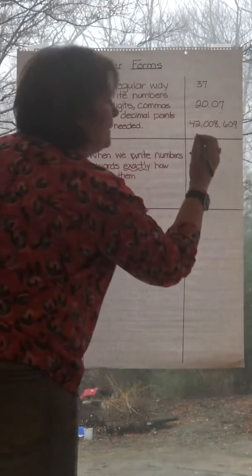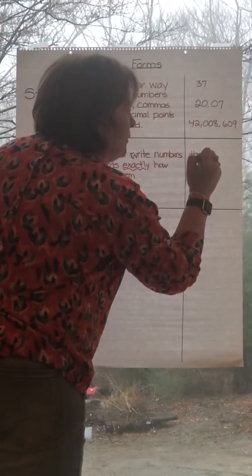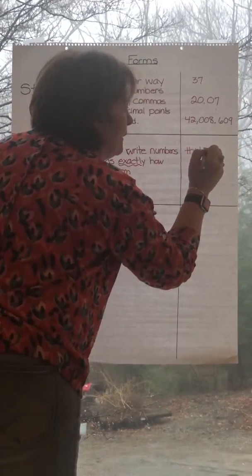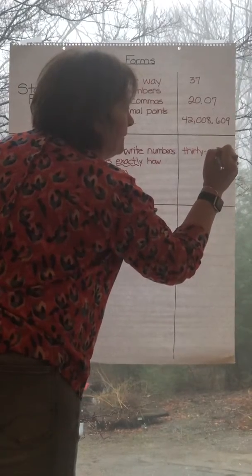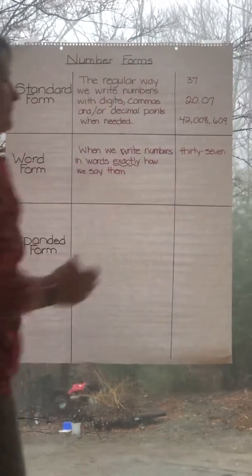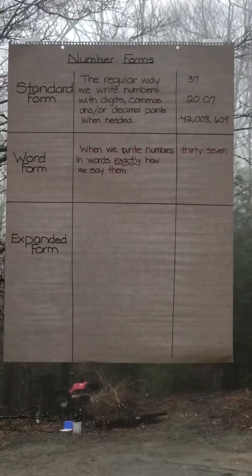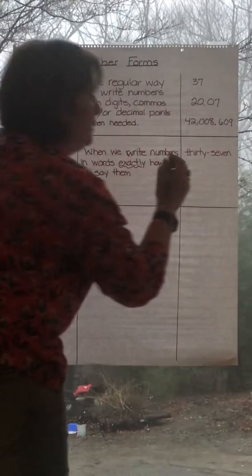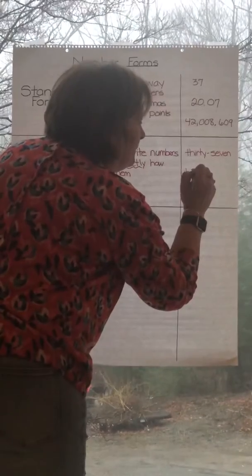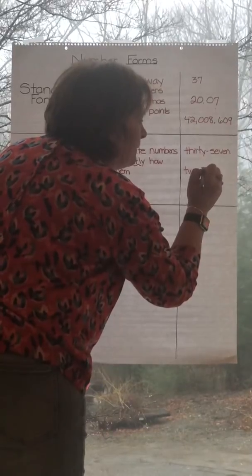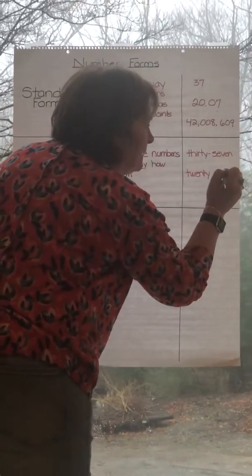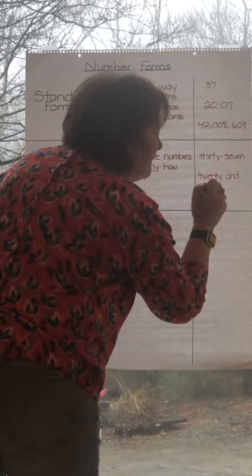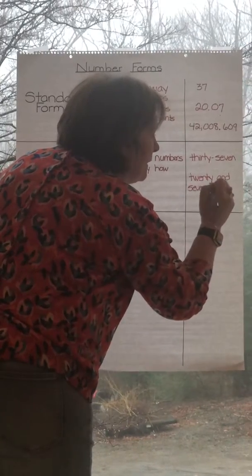So 37 would be thirty-seven. 20 and 7/100 would be twenty and seven hundredths.